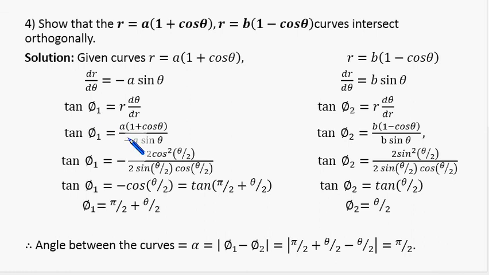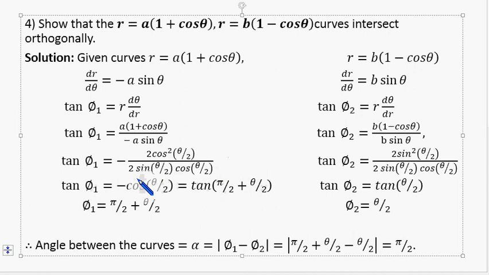Here the 2 gets cancelled, and cos theta by 2 cancels, so it becomes cos theta by 2 over sin theta by 2, which is cot of theta by 2, because cos by sin becomes cot.